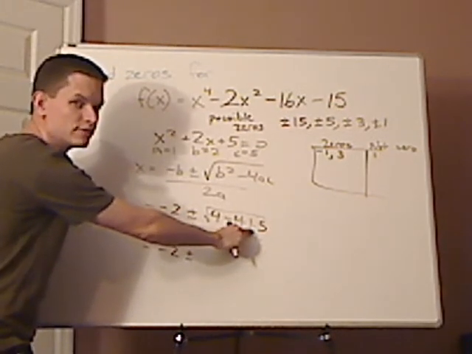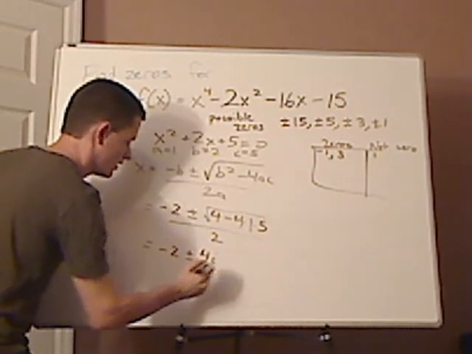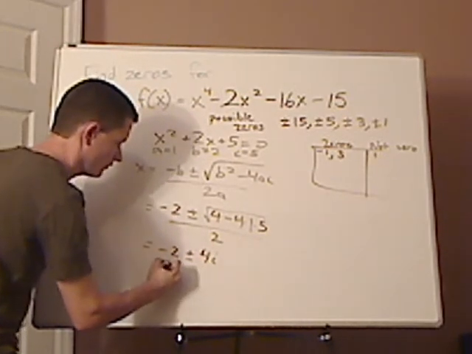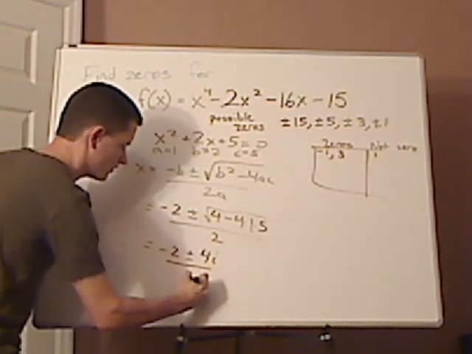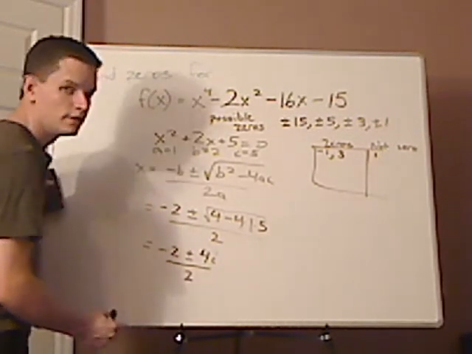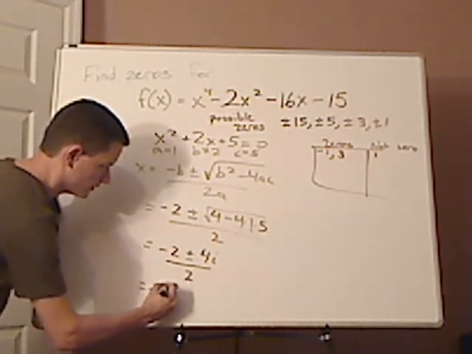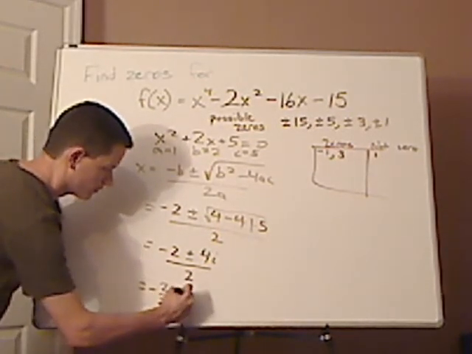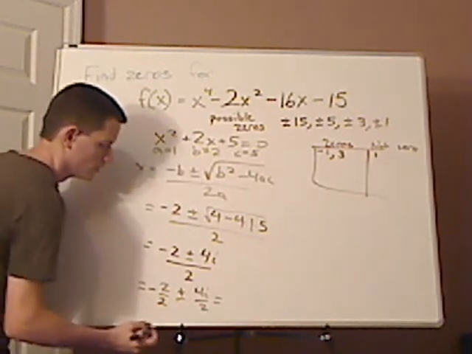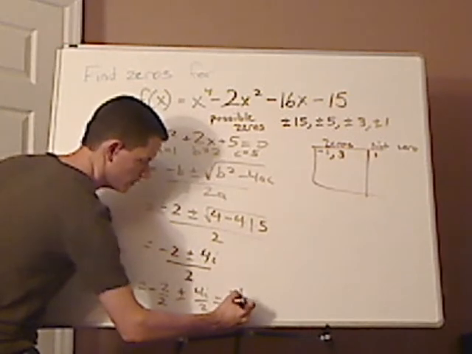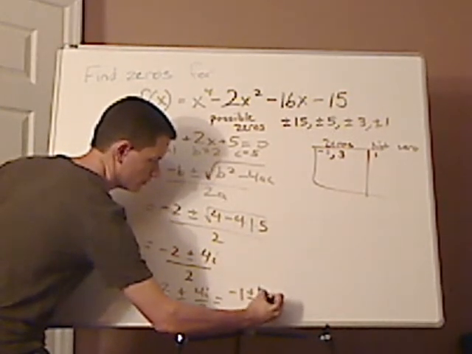And the square root of negative 16 is 4i. So you have that over 2. Now you can simplify it further. That's negative 2 over 2 plus or minus 4i over 2, which then simplifies to negative 1 plus or minus 2i.